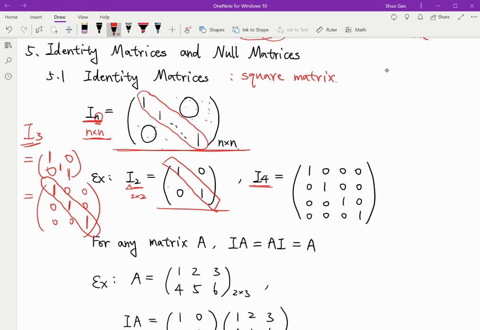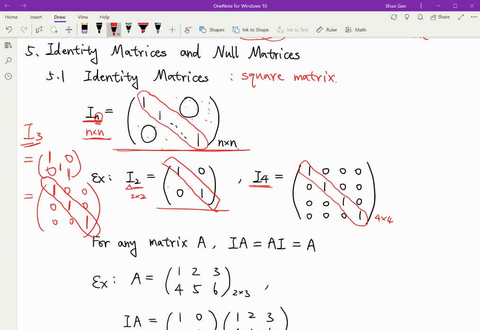And if it's I_4, that means this is a 4 by 4 square matrix, and only the elements on this diagonal are 1, and all the other positions are 0. So this kind of matrices are called identity matrices.